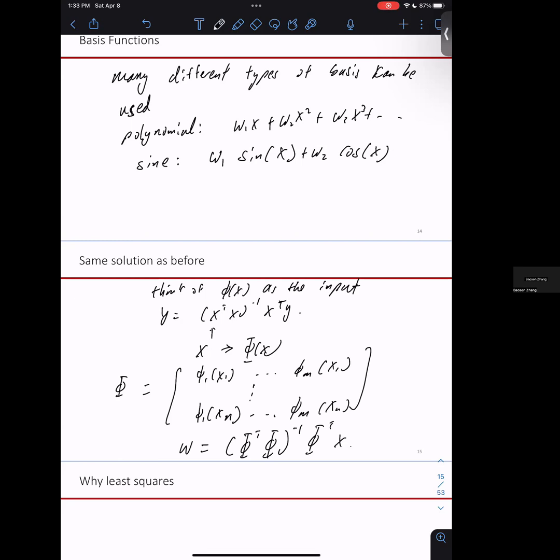So again, nothing that's much more complicated than before. Okay, so if you have a nonlinear basis, then basically think of the input as where you pre-process x, right? Then you compute the basis. Okay.